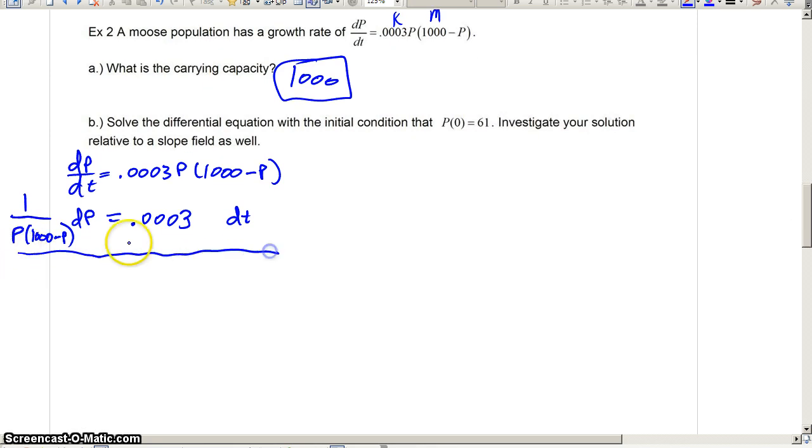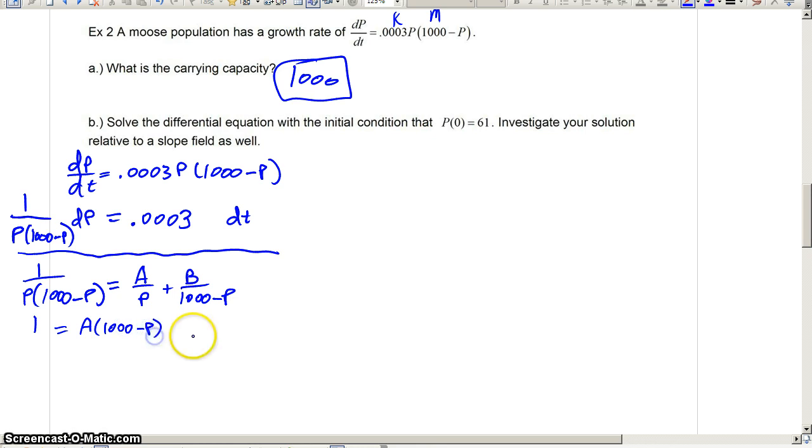So what we'll do real quickly is say, well, here's 1 over P, here's 1,000 minus P. You might remember we had A over P plus B all over 1,000 minus P. Okay, so look at your individual factors. If it's not factored already, you need to factor it then. But here we are factored very nicely. We're going to multiply through by the least common denominator. And again, just as we've been doing, I hope this is now routine.